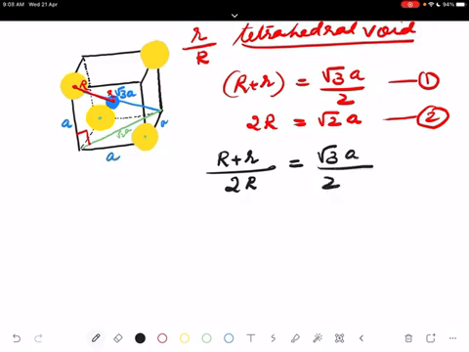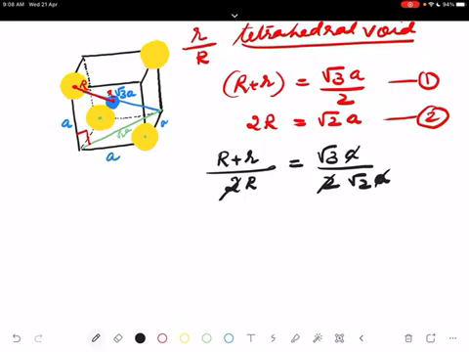See, equation 1 by 2. So a got cancelled, 2 got cancelled. What is remaining on the right hand side? Root 3 upon root 2.